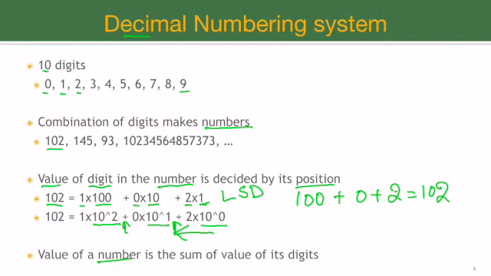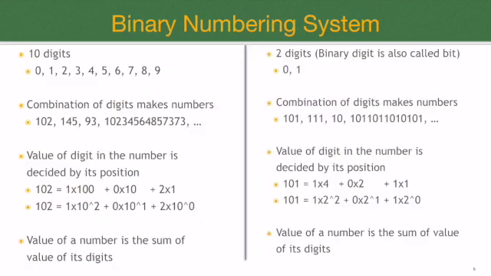Now let's have a look at binary numbering system and draw the comparison. In the binary numbering system, there are two digits. The digits of the binary numbering system are called bits, and this is the term that we will use from now onwards. The two digits are 0 and 1.